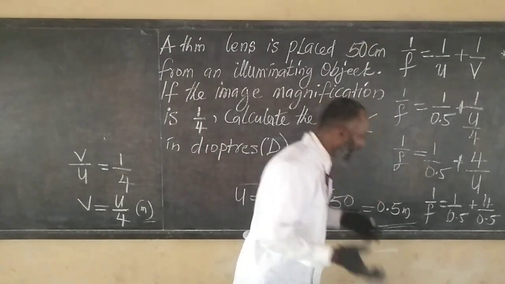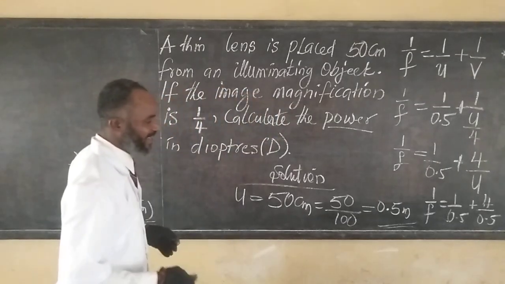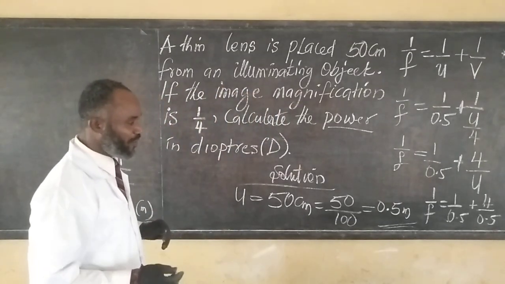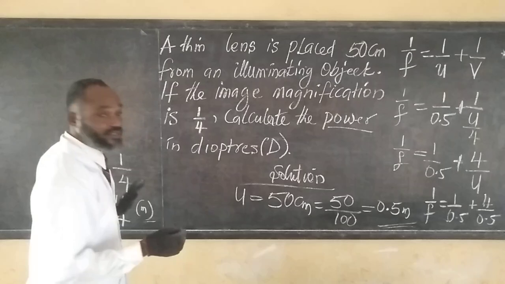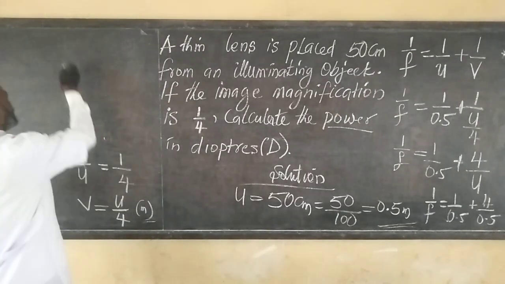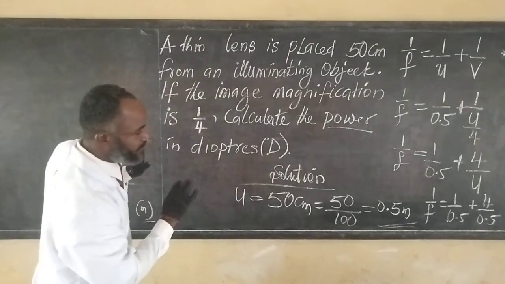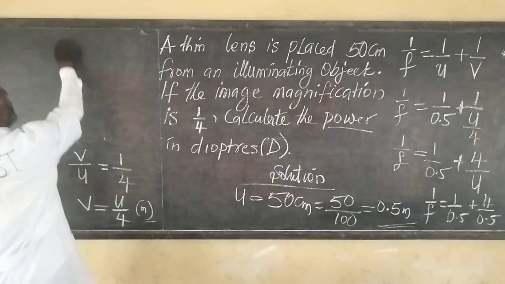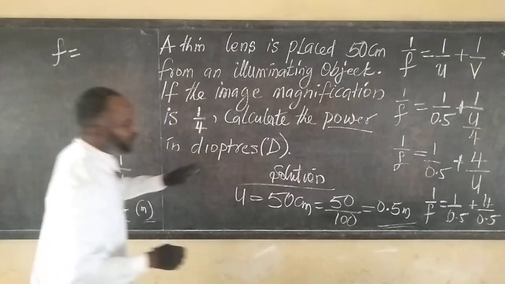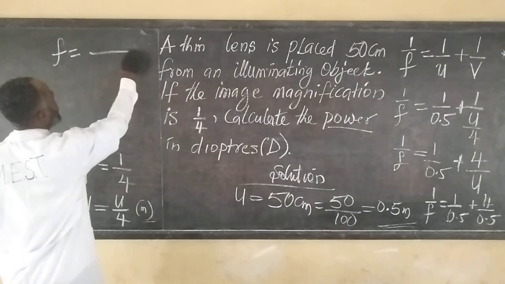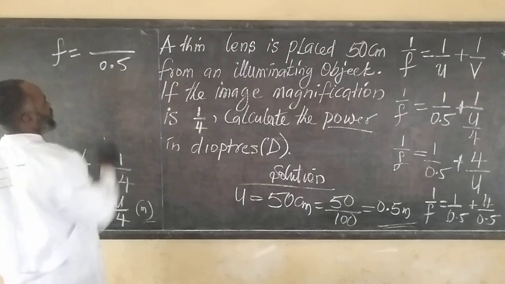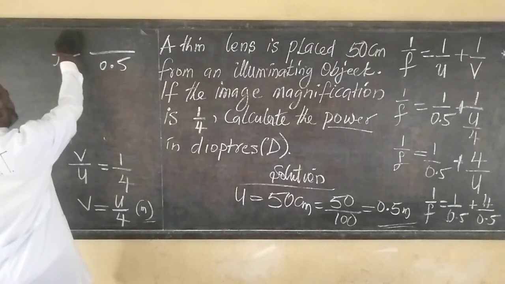If we take the inverse of both sides, look at what we're going to get. We find that f is going to be, LCM first. The LCM is going to be 0.5. Remember, we still have the inverse here.